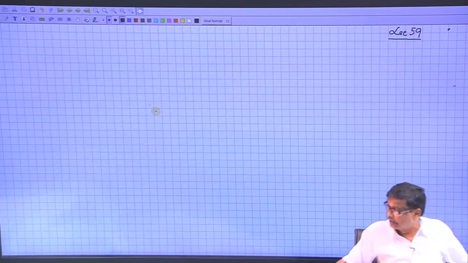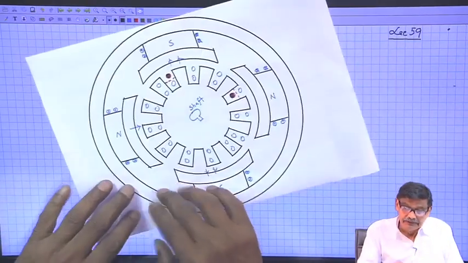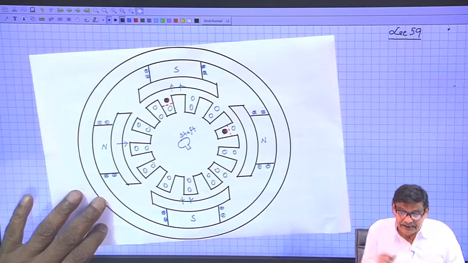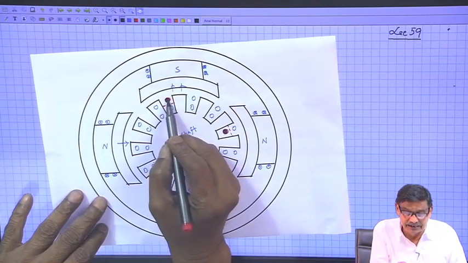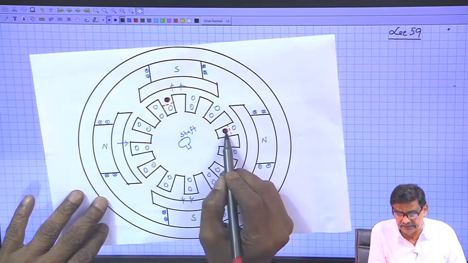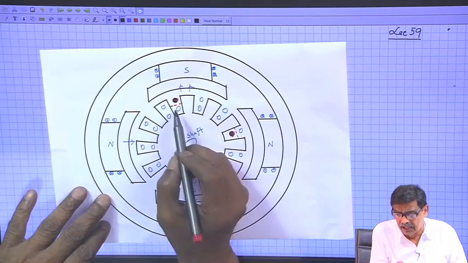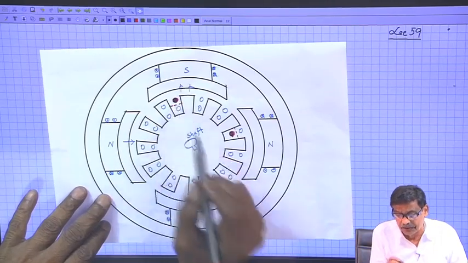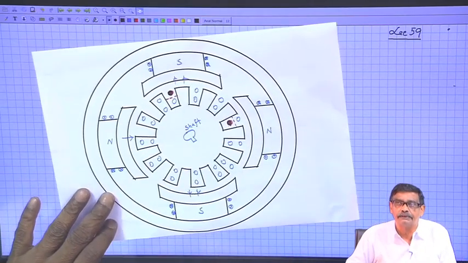So, in each slot, this red mark coil is a coil, this is one coil side, multi-turn coil it is, there are several turns, and upper deck will occupy that and lower deck will occupy that.